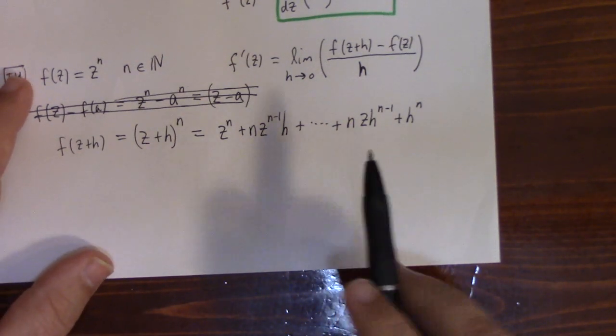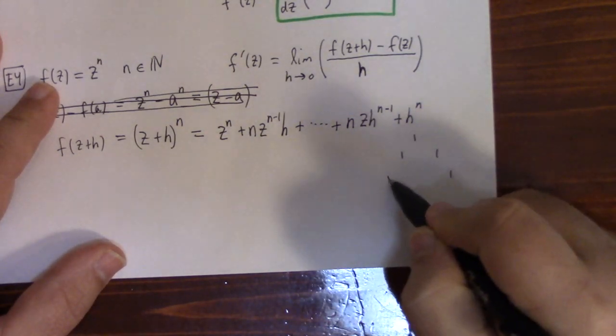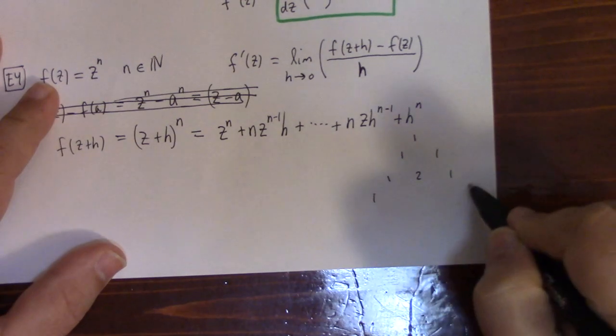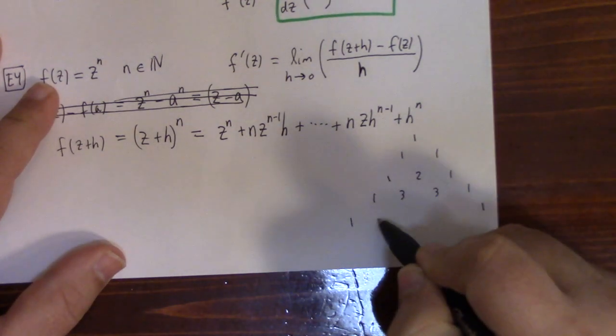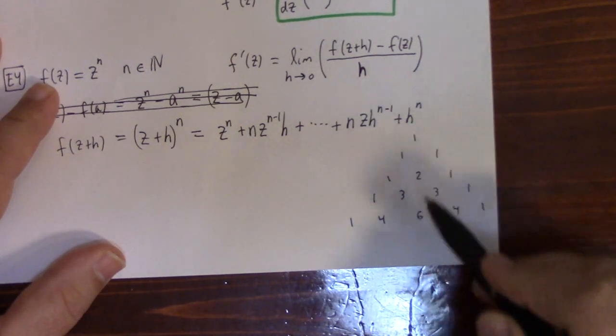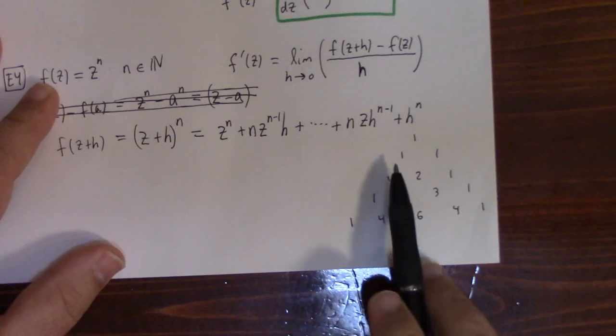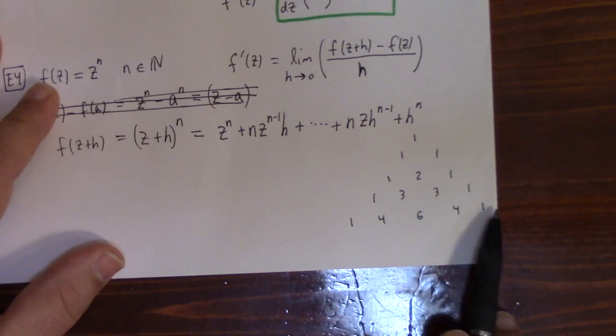But the thing about Pascal's triangle, if you look at it, it has the binomial coefficients. And the ones that are next to the ones, so the outer coefficients, it's always just n. So like n equals 2 has 2, 3 is 3, the 4 out here.